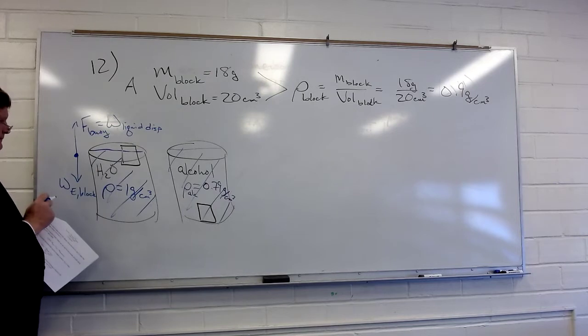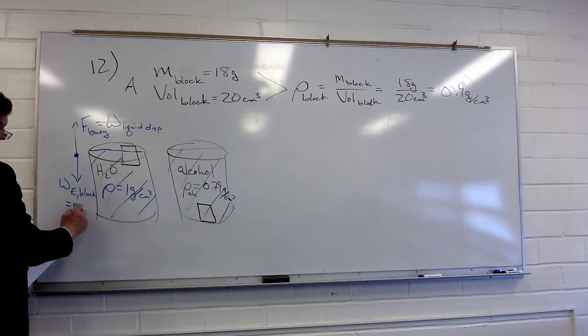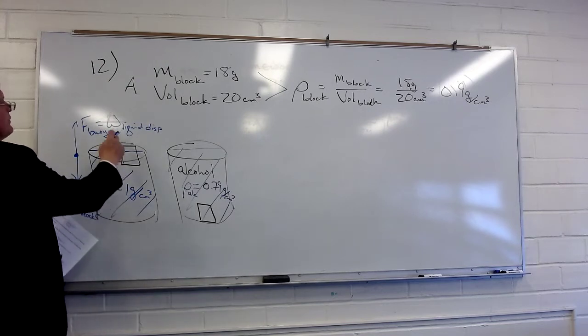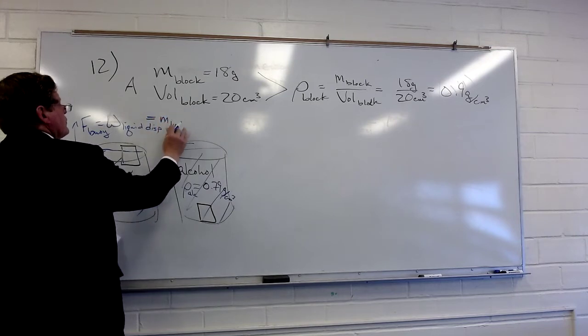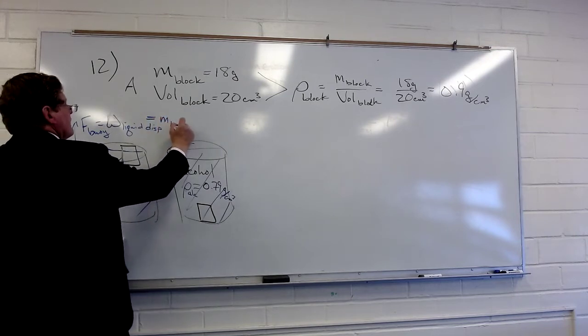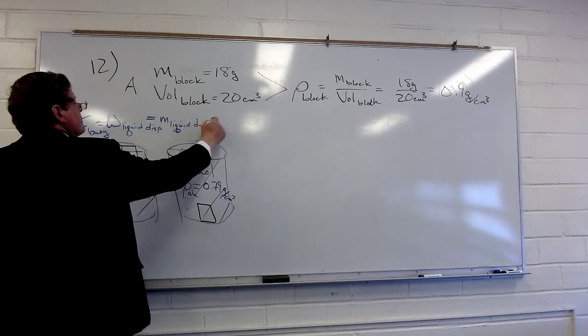Okay? Well, the weight of the block is just the mass of the block times g, and the weight of the liquid displaced is just the mass of the liquid displaced, spelled with a Q, times g.